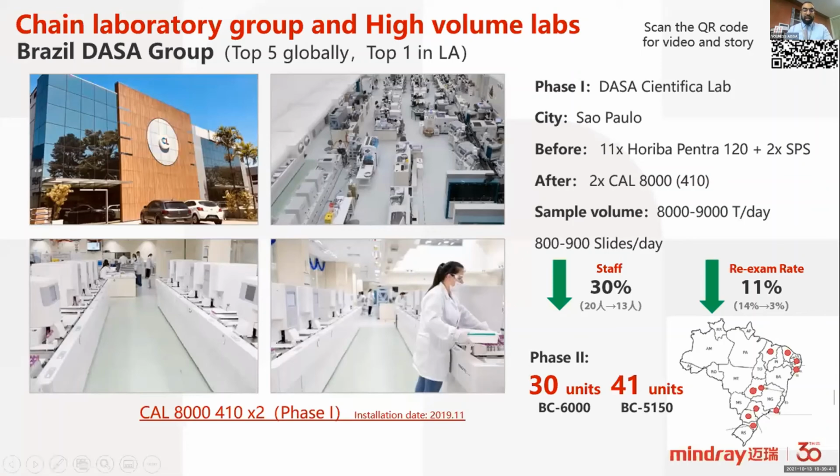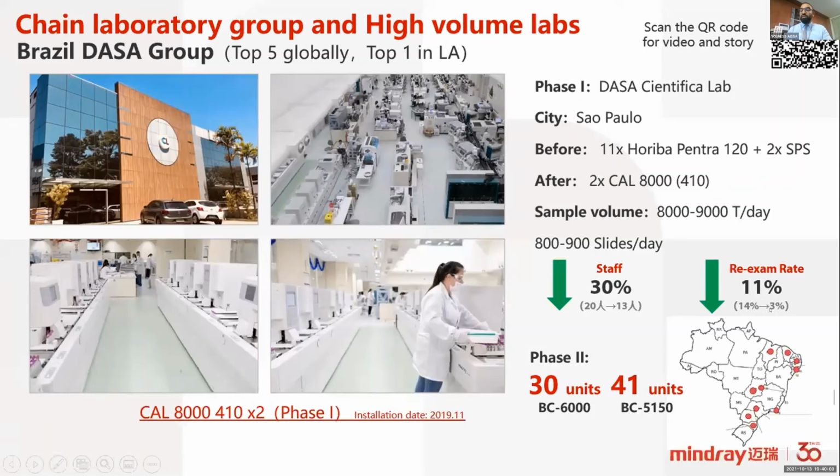So we now have 2 modular systems of Cal 8000 with our solution, because we have around 800 to 900 slides per day. It helped them reduce the re-exam rate from 14% to 3%.